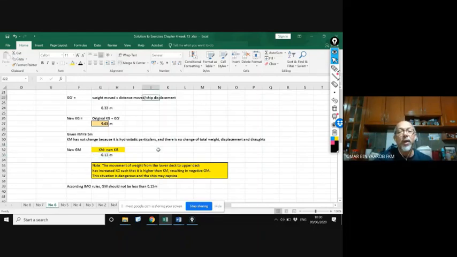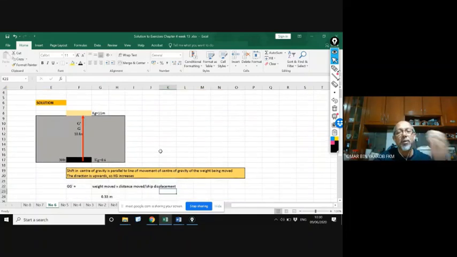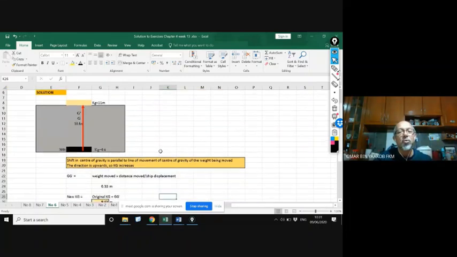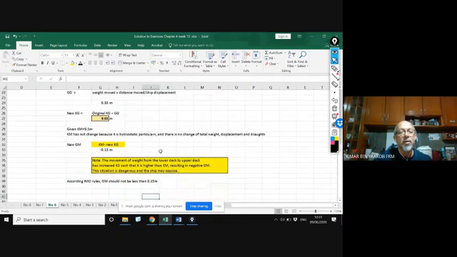If this were to actually happen on board a ship, if the captain ordered this to be done without doing calculation, the ship will capsize. That's why it is important for ship crew to be able to understand and calculate the stability of the ship along the way, during operation.